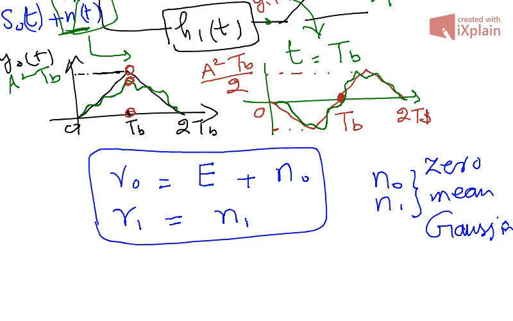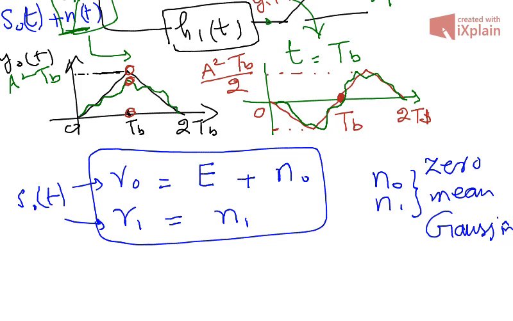At the sampling instant, we assume that we transmit S0 of t. We get R0 and R1, two sample values, and our detector has to take a decision. It has to decide whether S0 is received or S1 is received.